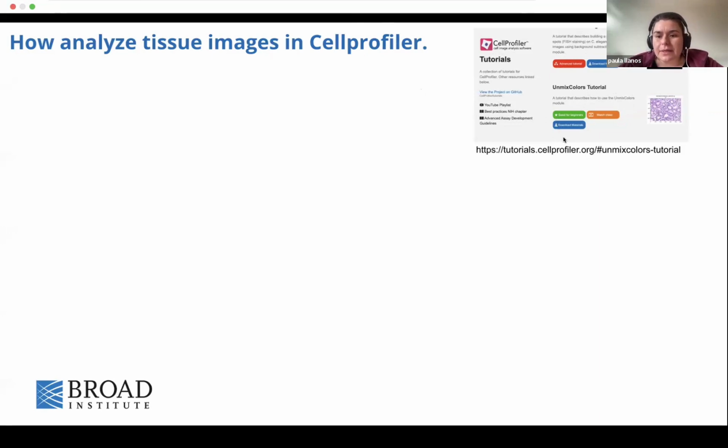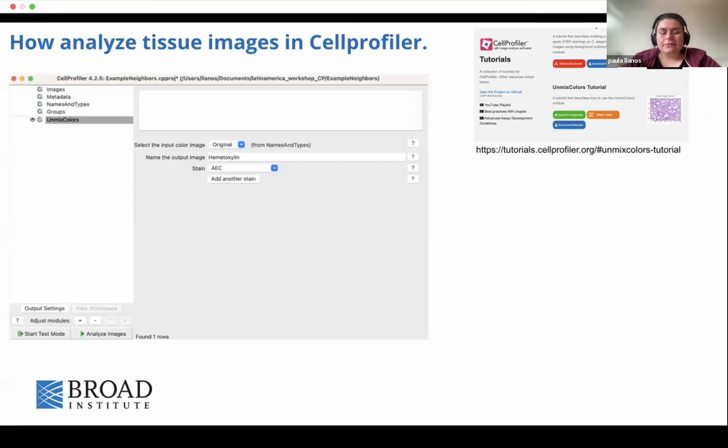I recommend that on the CellProfiler website you can find tutorials with some examples. I recommend using this tutorial, which shows you more details about how to work with this kind of image.